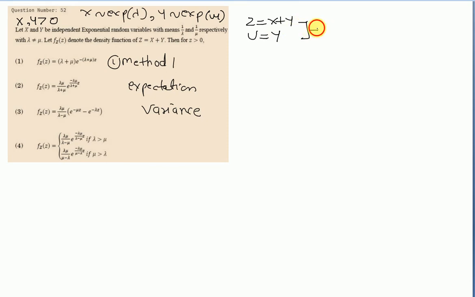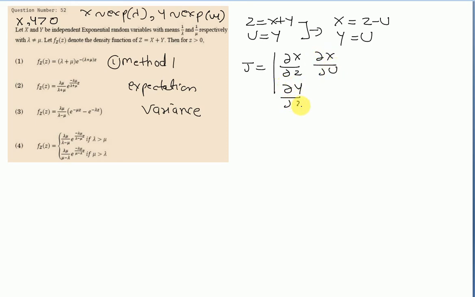We can write it like X equals Z minus U and Y equals U. There is no problem of writing. Then the Jacobian of the transformation is given as the partial of X with respect to Z, partial of X with respect to U, partial of Y with respect to Z, and partial of Y with respect to U.